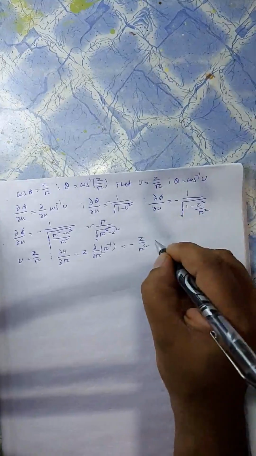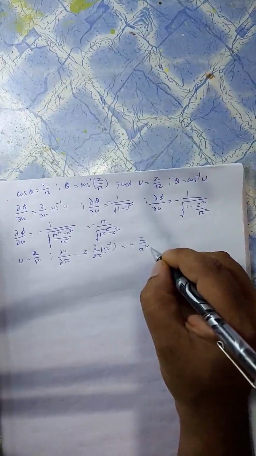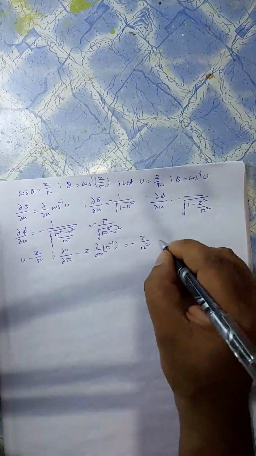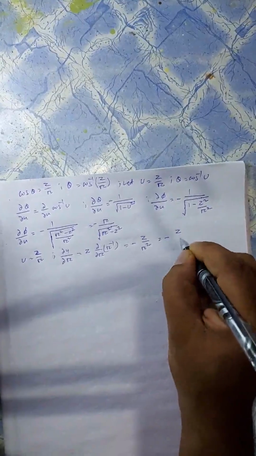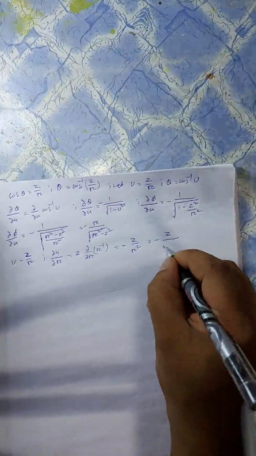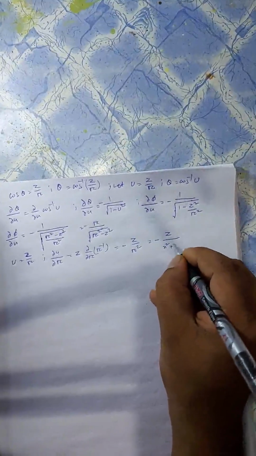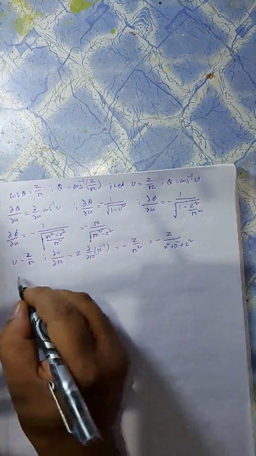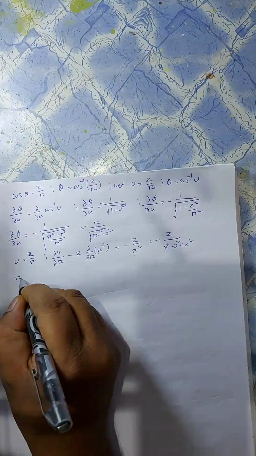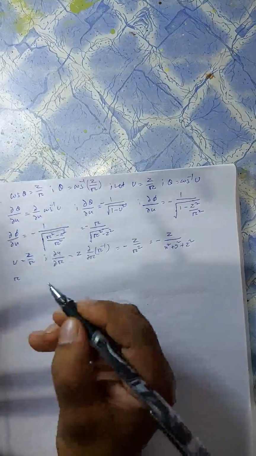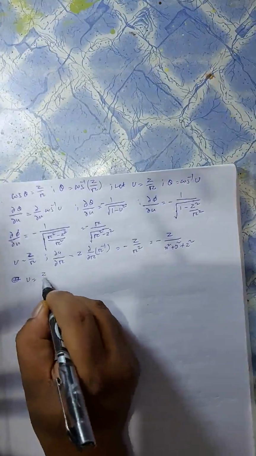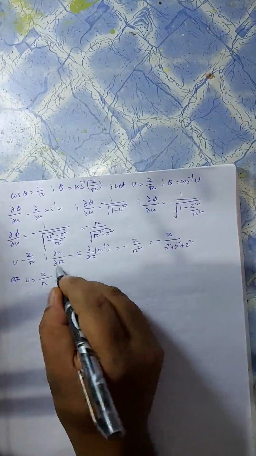Now we need r square, you know that, so z by r square becomes minus z by x square plus y square plus z square, because we need x, that is why we put this value. Then we know that r is equal to this. Here you can directly put u is equal to z by r, you do not go in that way.